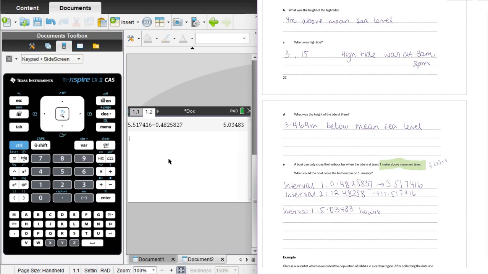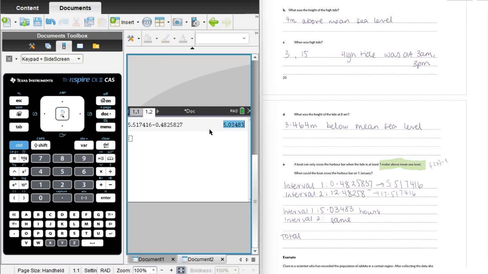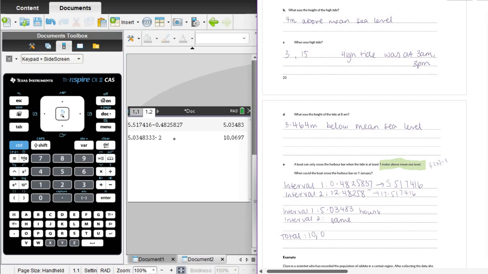Interval 2, we can see, would be the same thing because we've just added 12 to both. So to get our total, it's going to be that interval times 2. So I want my answer multiplied by 2, which is 10.0697 hours.